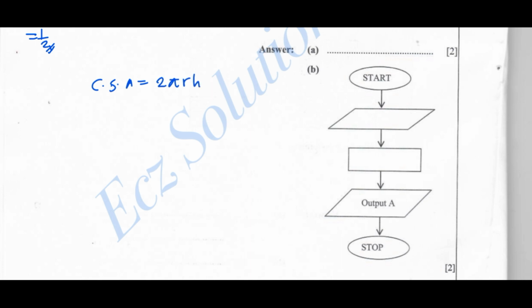Here 2 and pi are constants, so these are not the inputs, so the inputs are just these. So you say enter radius and height. Then here we are going to calculate. So curved surface area is equal to 2 times pi times radius times height. So we are done with that question.